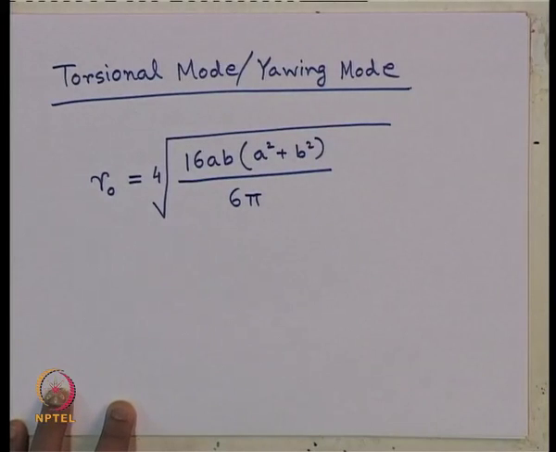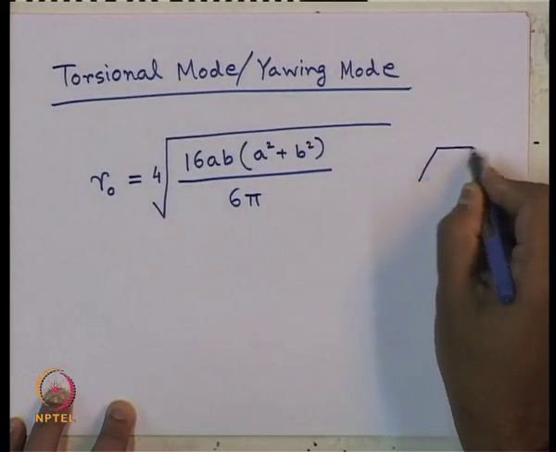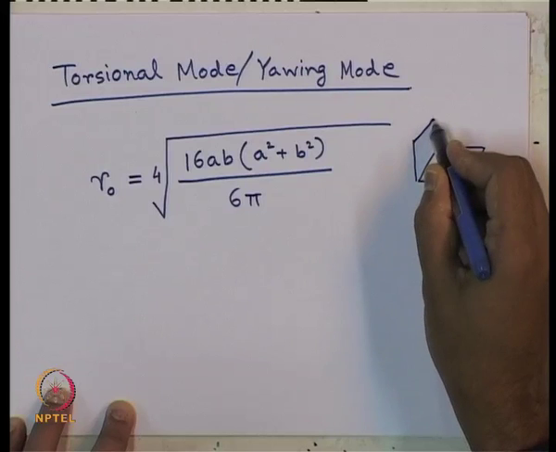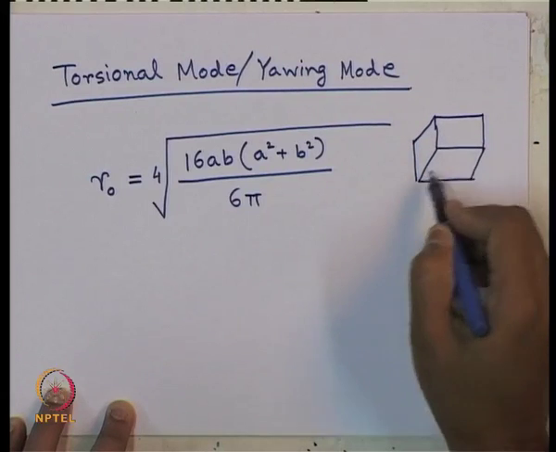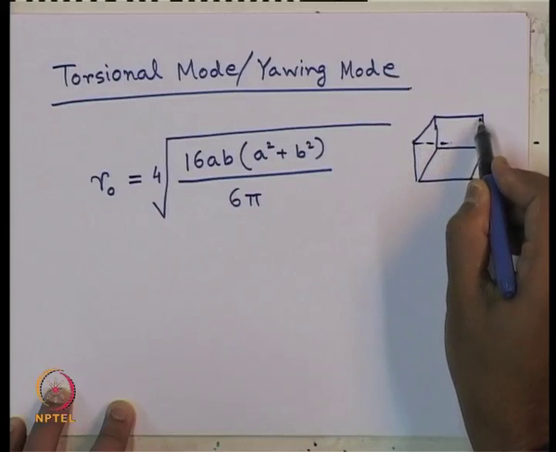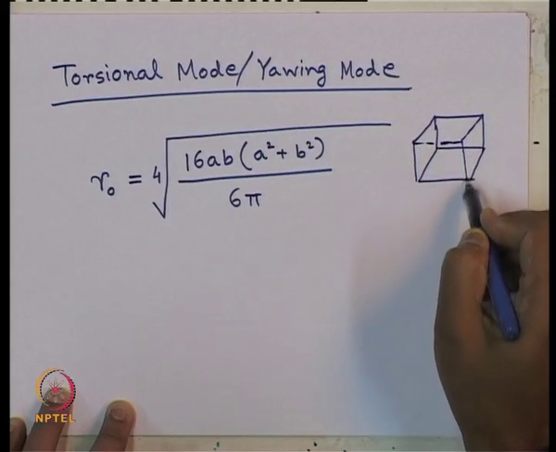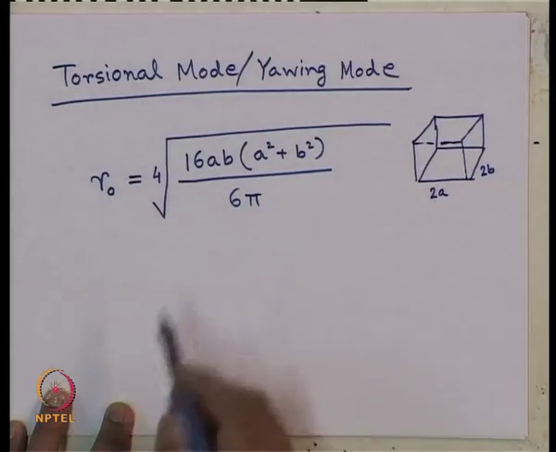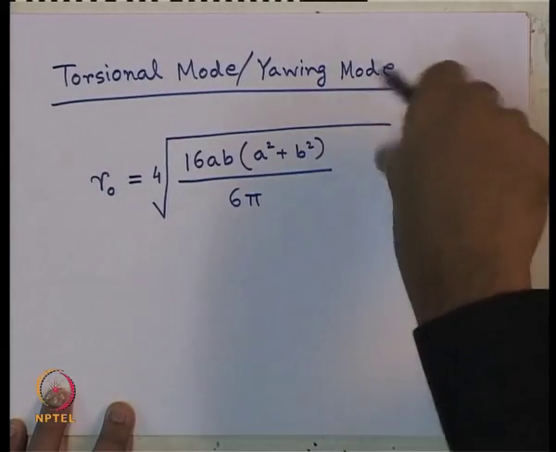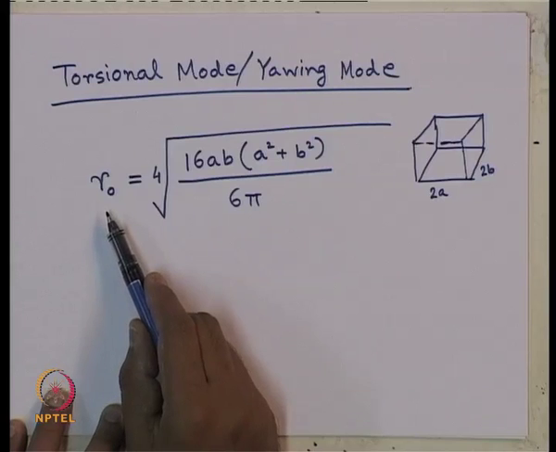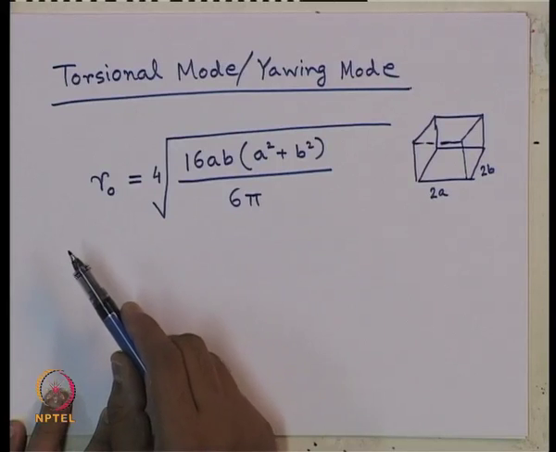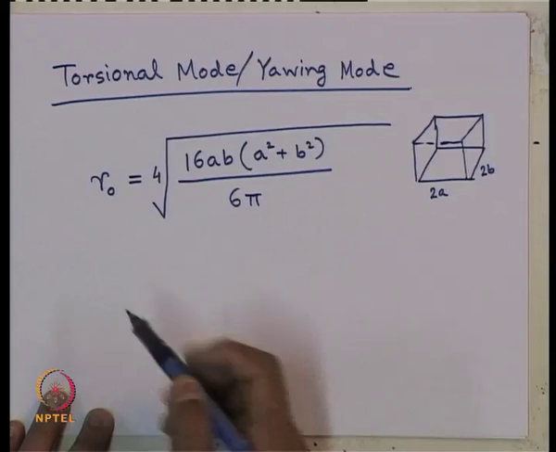This is the formula where plane dimensions are given as 2a and 2b. So, for the case of torsional or yawing mode, this is the way we calculate the equivalent radius of a circular footing by equating the area moment of inertia.